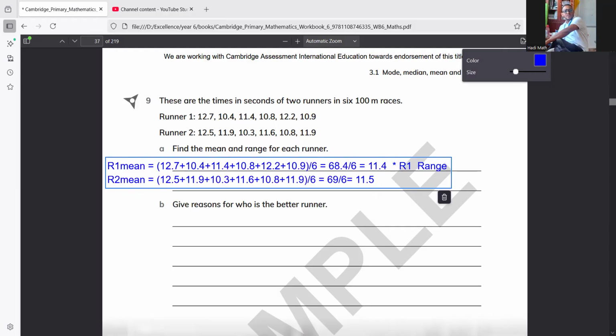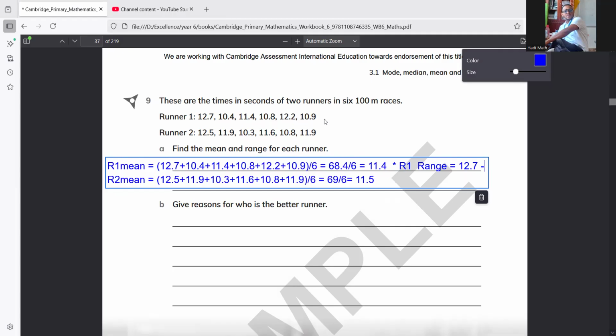Runner 1's range is equal to highest minus lowest. Look at the numbers: 12.7 is the highest. So it is 12.7 minus, go for the lowest, 10.4.